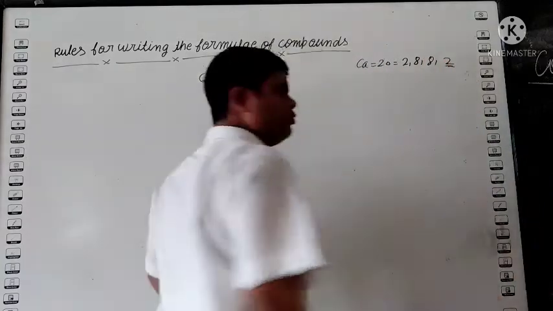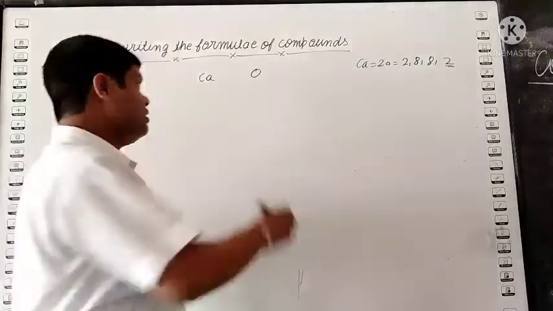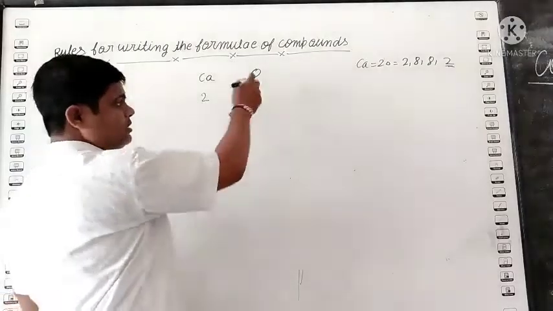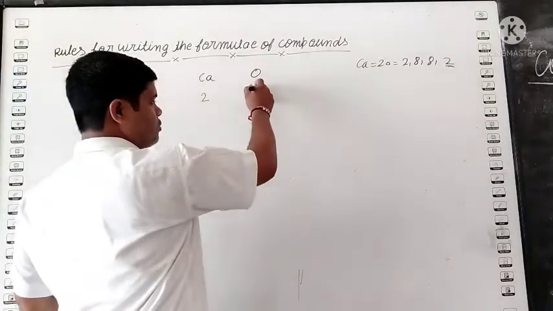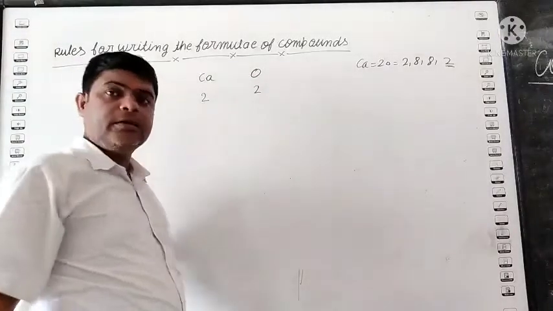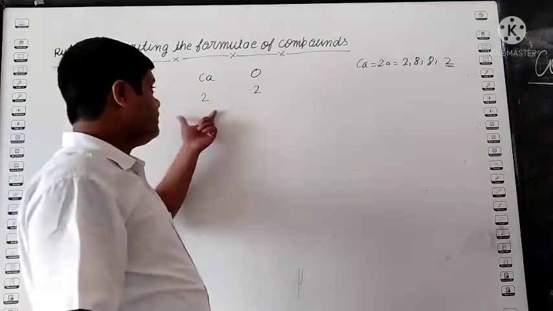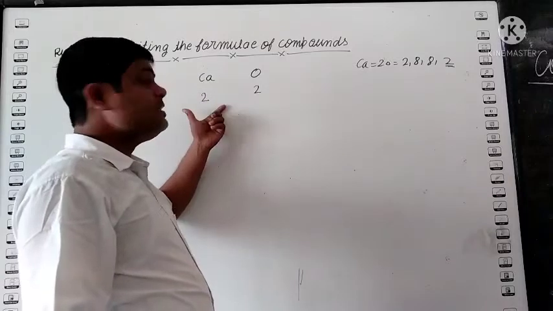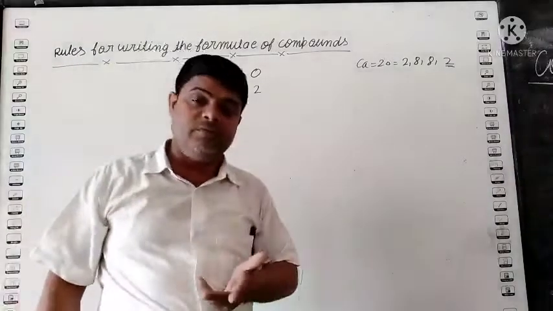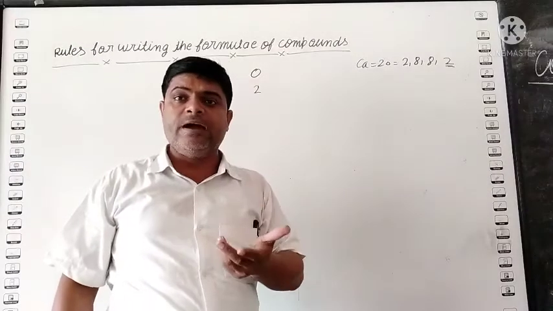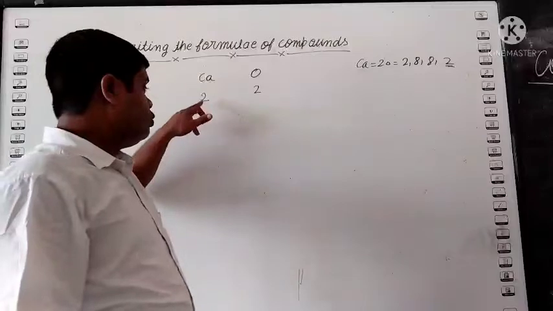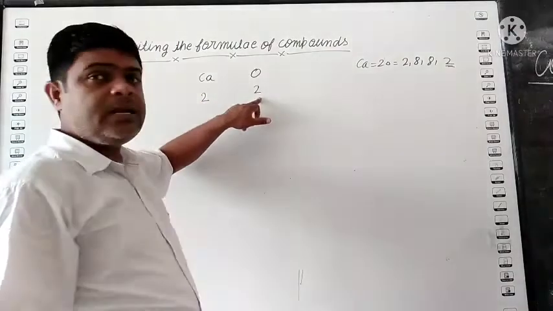Then the outer shell contains 2 electrons, so the charge is 2. And oxygen also has valency 2. If their valencies are divisible by any common number, then divide it. See, 2 is divisible by 2 and 2 is also divisible by 2.